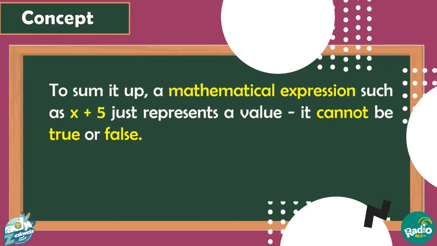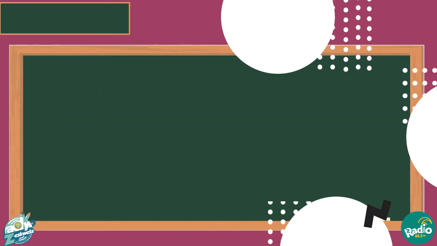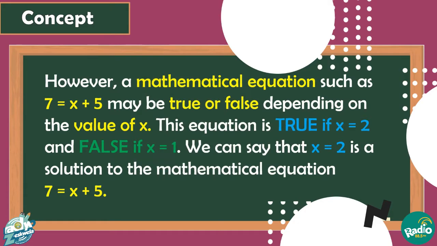To sum it up, a mathematical expression such as x + 5 just represents a value. It cannot be true or false. However, a mathematical equation such as 7 = x + 5 may be true or false depending on the value of x.